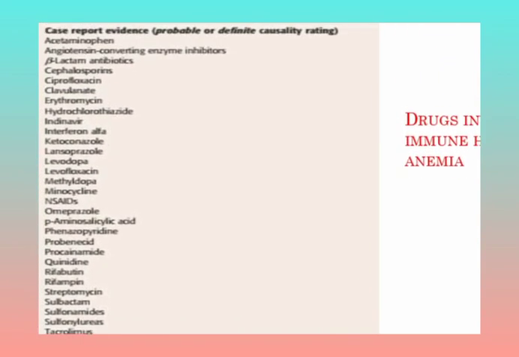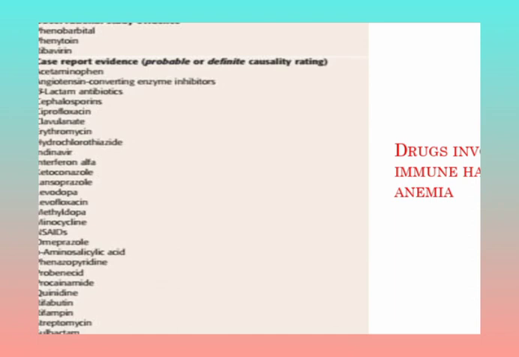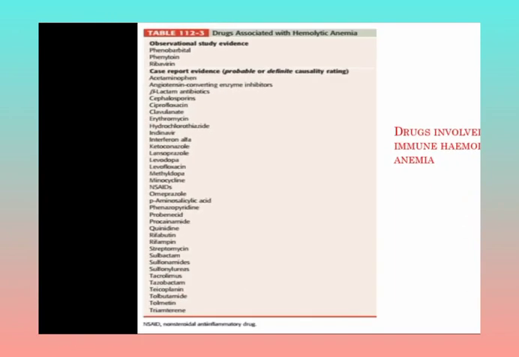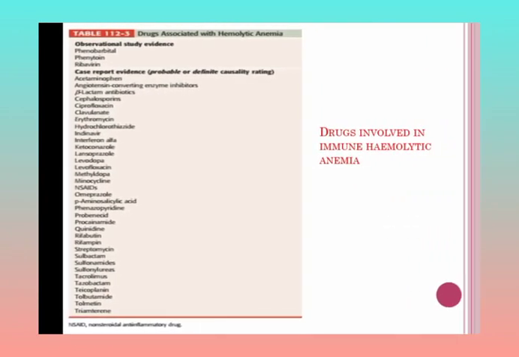Have you all noticed that in drug-induced immune hemolytic anemia, NSAIDs are mostly involved? That's why NSAIDs are very dangerous. They can be taken if you have a purpose, but otherwise NSAIDs shouldn't be used unnecessarily.